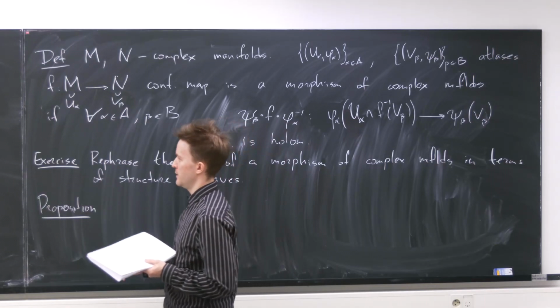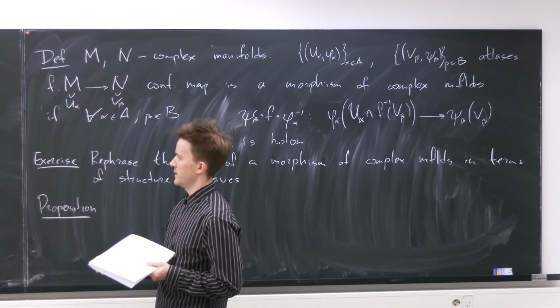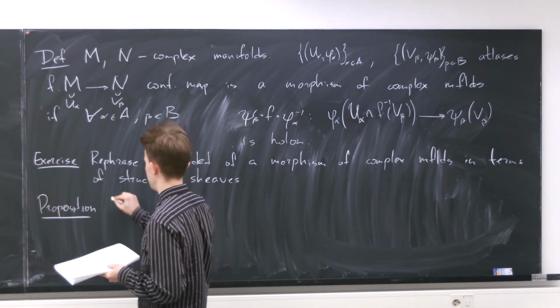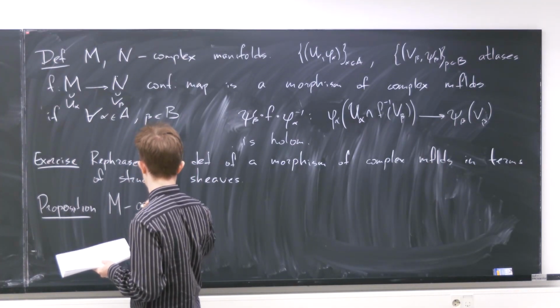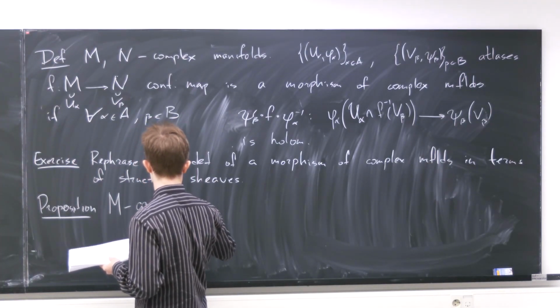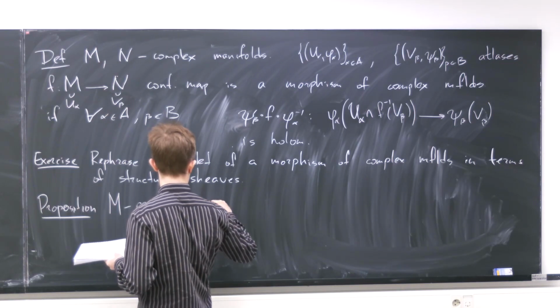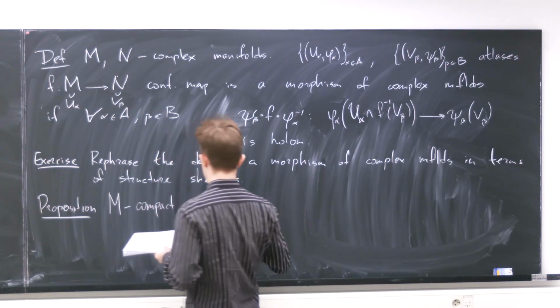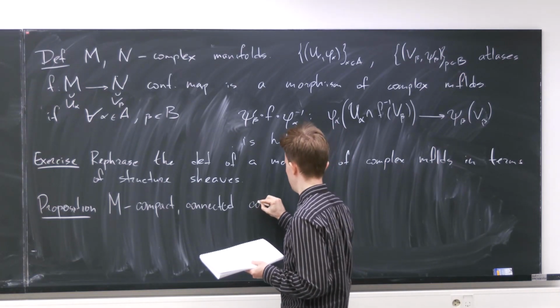So let's say now that M is a compact and connected complex manifold.